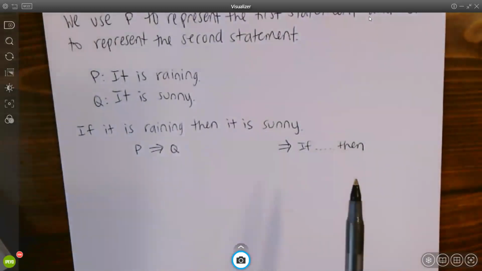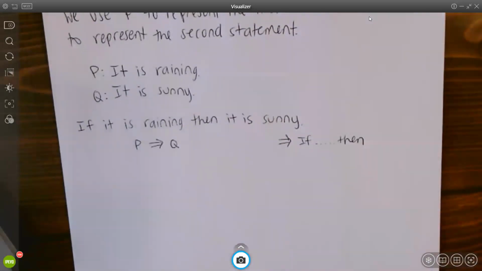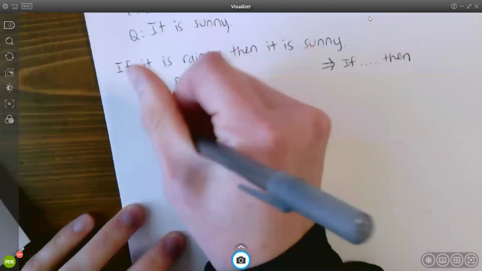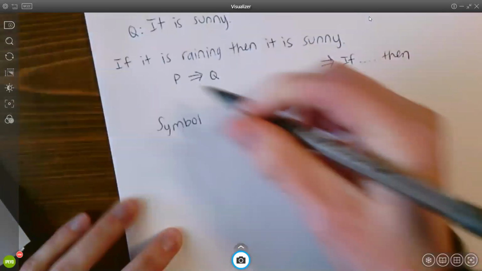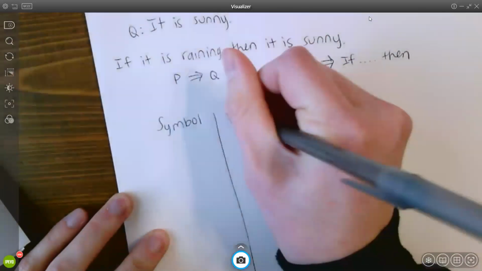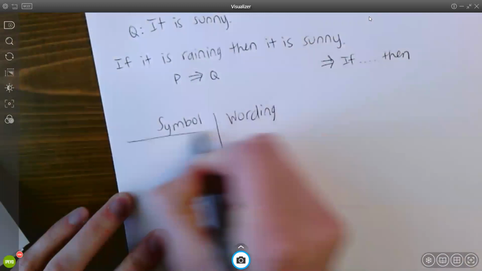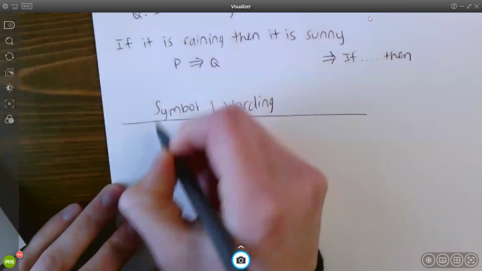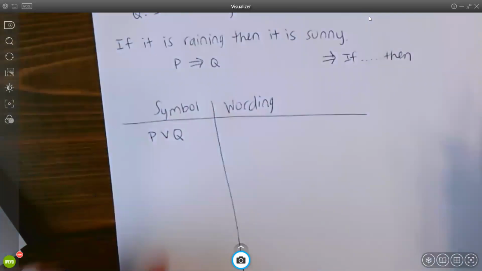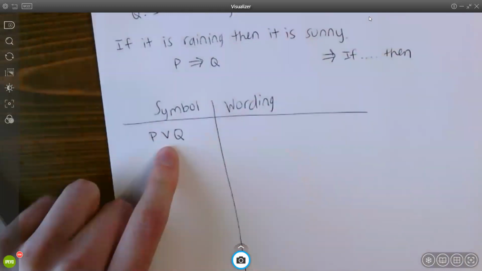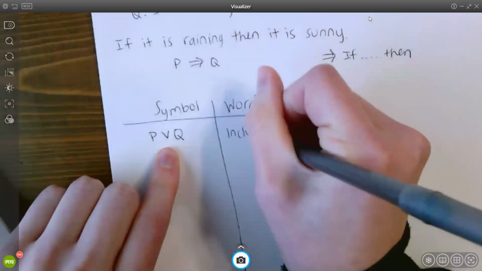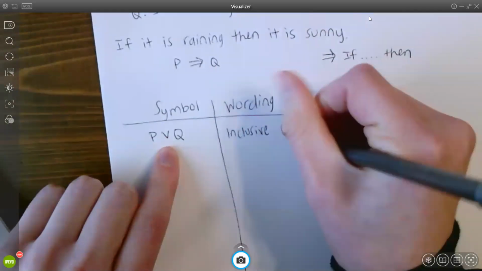Okay, let's go on to just some more symbols that I have for you. So I'm actually going to make this into a table. So again, this part here, the P and the Q, is just representing two different statements. And this V means the inclusive or.